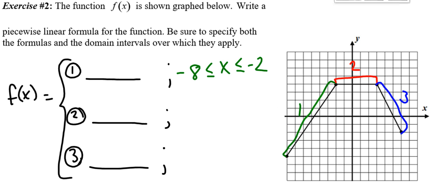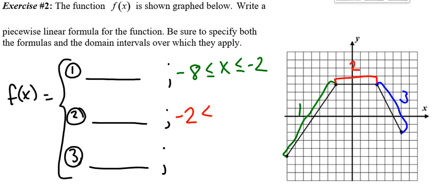Now, let's look at graph number 2. I'll do that one in red. One thing to notice here is that wherever your graph starts is not going to include that value for the second one. My graph starts here at -2, but I'm not going to include -2 because I included it in the first equation in green.